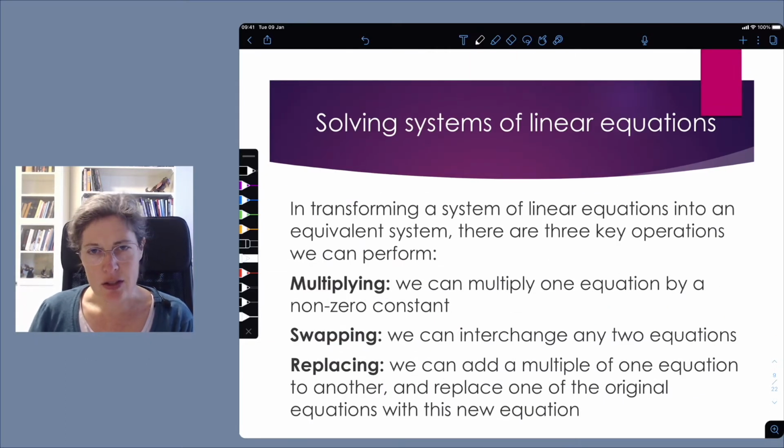And then finally, and this is the one that might sound a little strange, we can add a multiple of one equation to another and replace one of the original equations with this new equation. What do I mean?